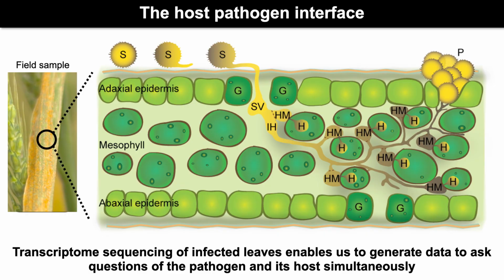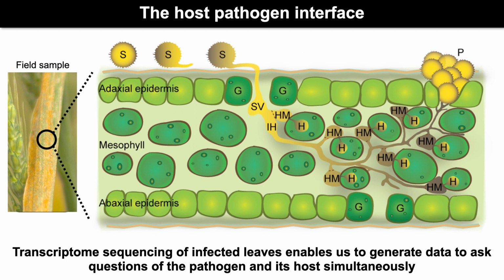And so because we're sequencing an infected leaf, we get the kind of intimate association between the plant and the pathogen when we do our sequencing. And so here you can see this is one of our rust fungi that's got a spore that's landed on the leaf surface. It's then germinated, it's then entered into the underlying mesophyll tissue, and it's proliferated.